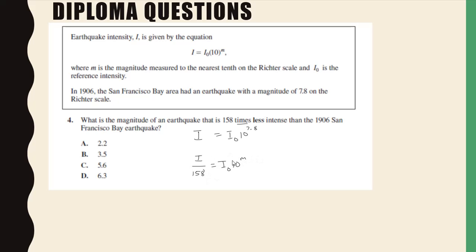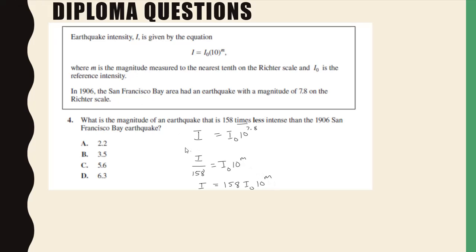Now this equation can be rearranged a little bit to make it so that it's also equal to I. So then we're going to multiply both sides by 158. So we get 158 times our initial I sub O times 10 to the power of m.